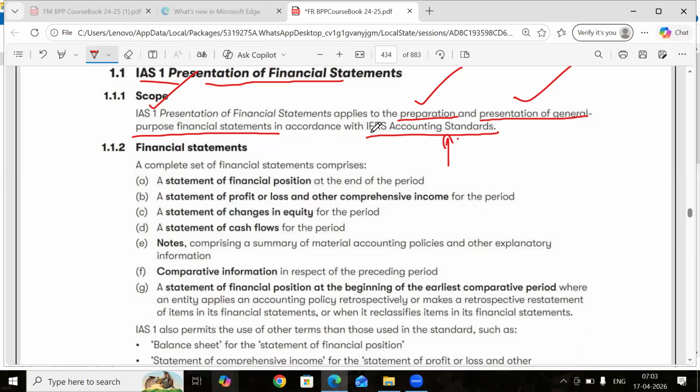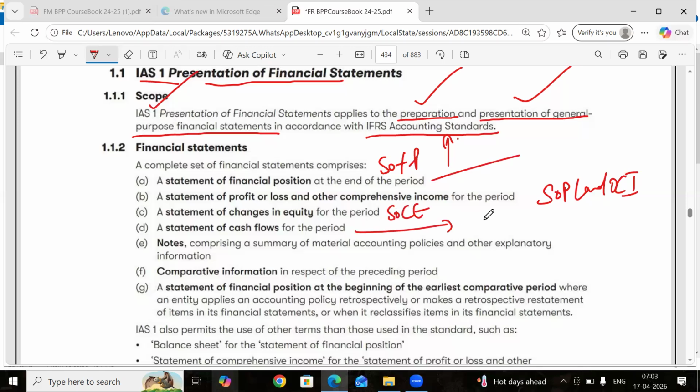Now, we have already discussed what statements we are going to prepare. Already SOFP, SOPL and OCI, SOFP, SOCE, SOCF, statement of cash flows.